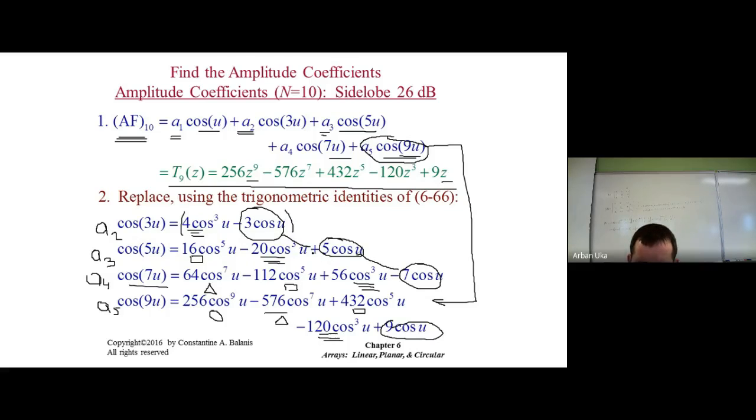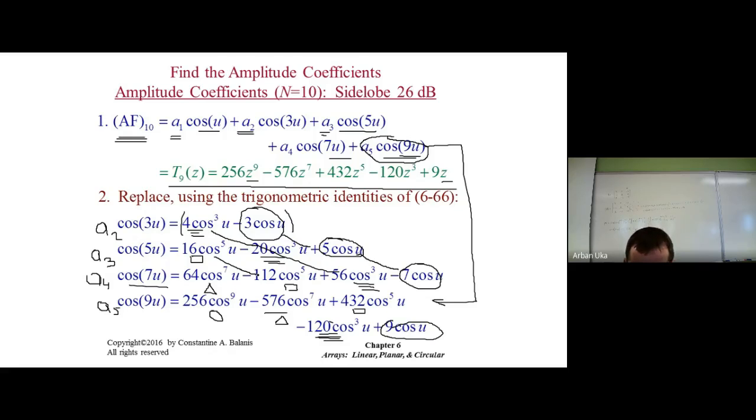So we're going to collect like terms. Here we have cosine cube, cosine cube, cosine cube, and this is also cosine cube.